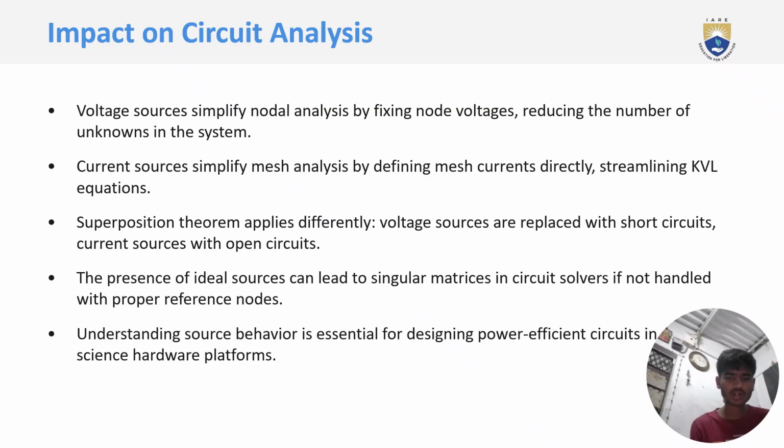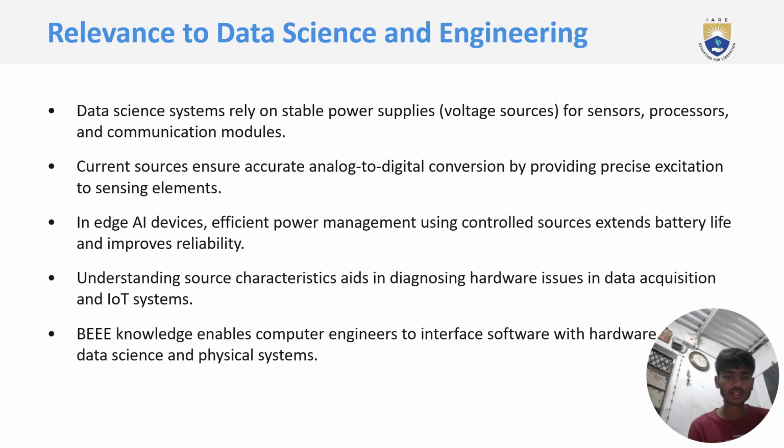The presence of ideal sources can lead to singular matrices in circuit solvers if not handled with proper reference nodes. Understanding source behavior is essential for designing power efficient circuits in hardware platforms. Current sources ensure accurate analog to digital conversion, providing precise excitation.